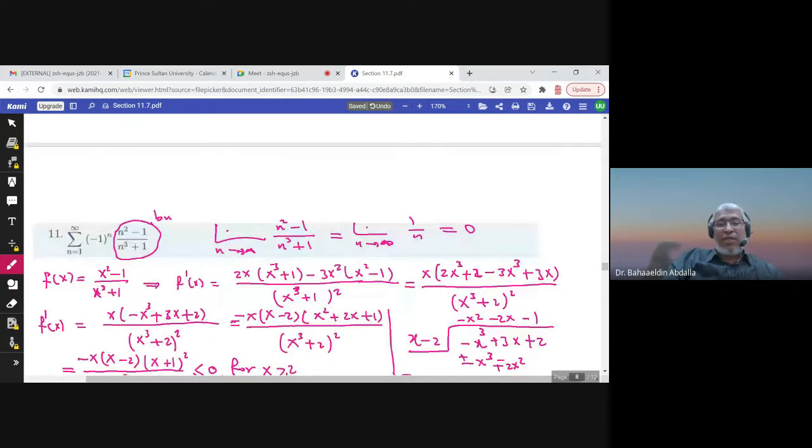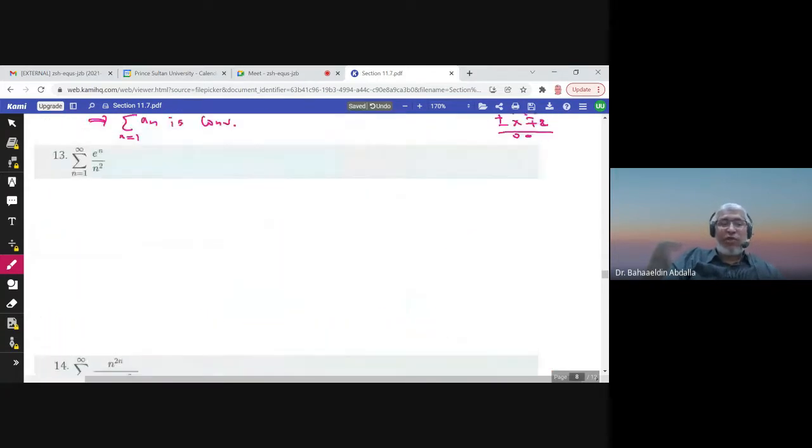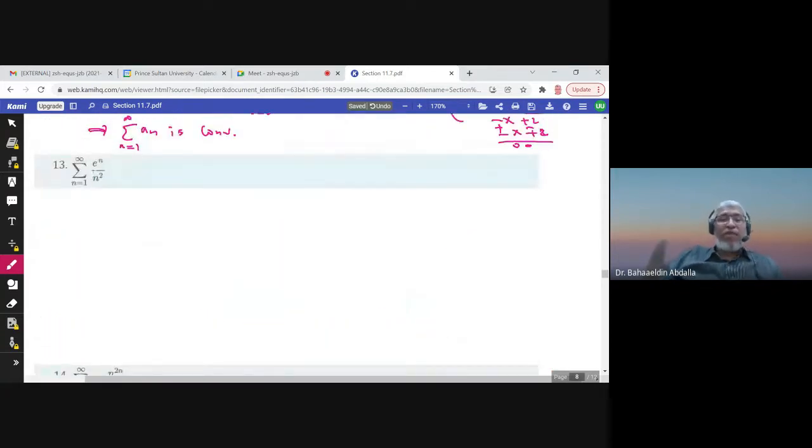So at the end, this series is conditionally convergent. Here I have e to the power n, so I can immediately use the ratio test. So this is e^(n+1) over (n+1) squared multiplied by n squared over e^n, the reciprocal.